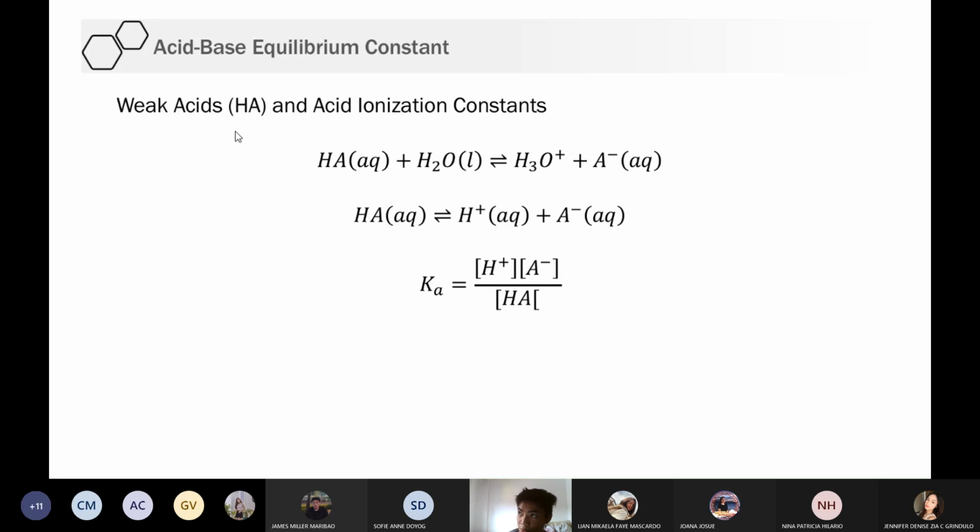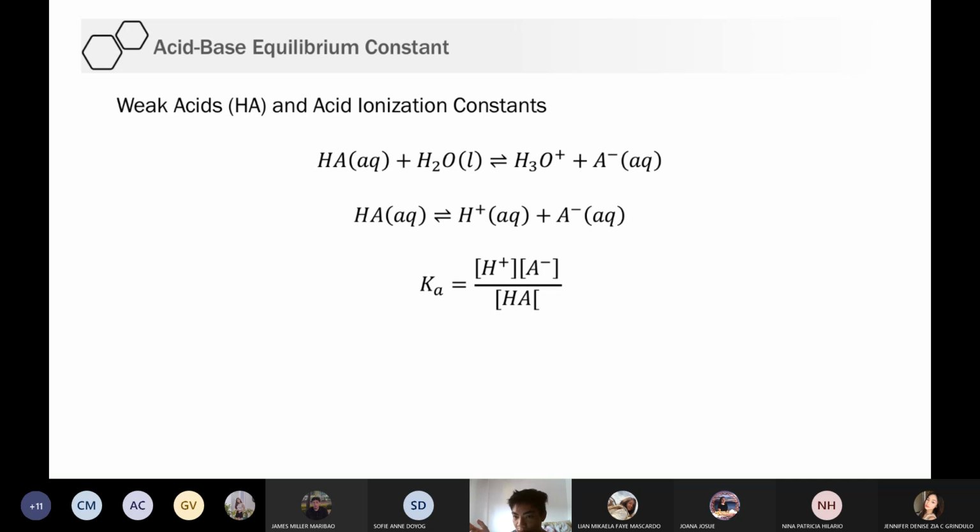When it dissociates, it produces H plus and A minus. If you get the equilibrium constant for this one, ito yung makukuha natin. And since the equilibrium constant is for an acid, we call it the Ka. Ka yung tawag kapag equilibrium constant ng acid. So, marami na tayong versions ng K.